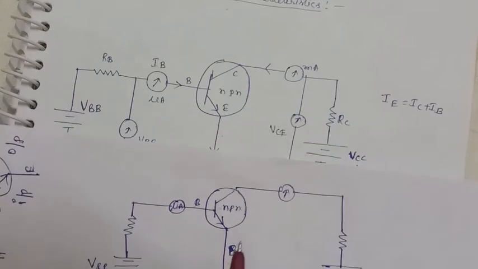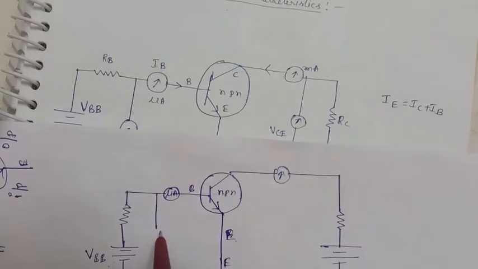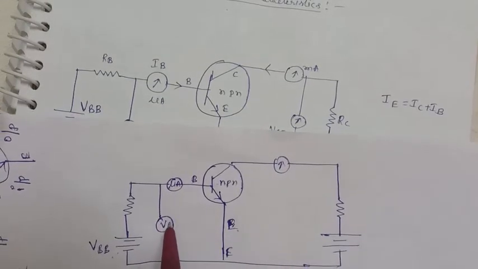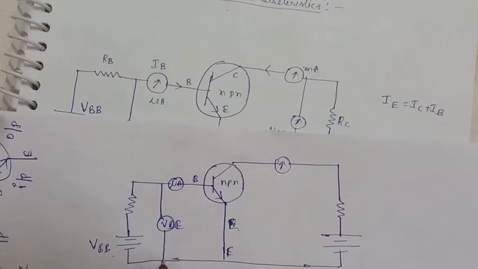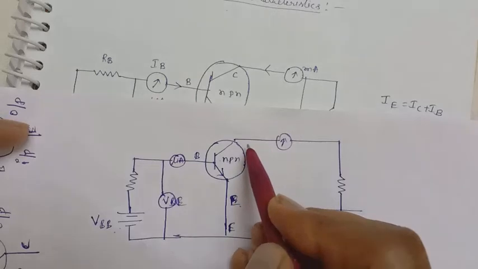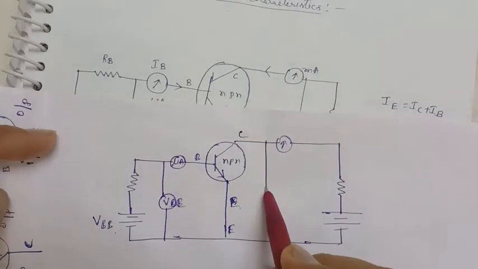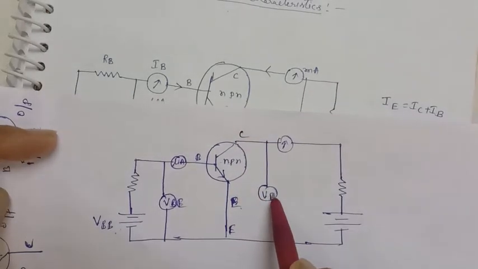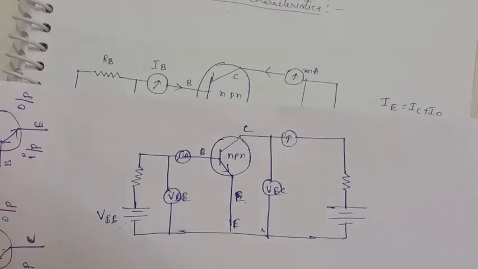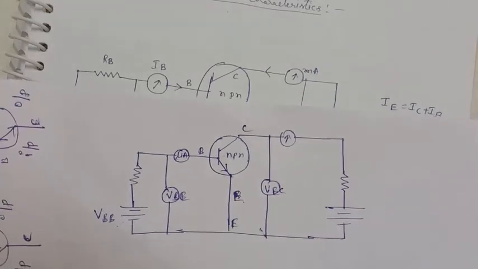The change in voltage is measured by using a voltmeter. So here you take the voltmeter. The change in voltage between base and emitter is VBE, and the change in voltage between collector and emitter is VCE. So then the circuit diagram is over.